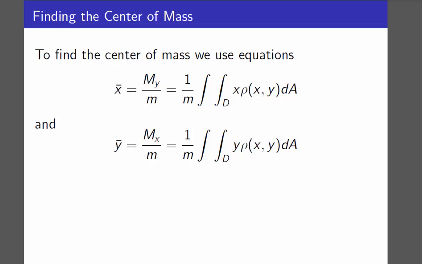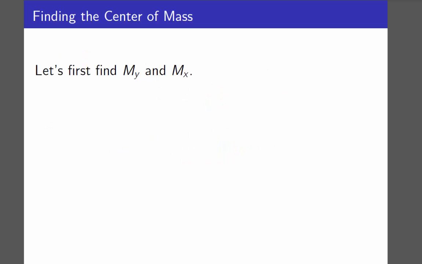So x bar is equal to 1 over the mass times the double integral of x times the rho function of x, y, and y bar is equal to 1 over the mass times the double integral of y times the rho function of x, y. So since we already have the mass, we just need to find the moments with respect to y and with respect to x. So let's find those.